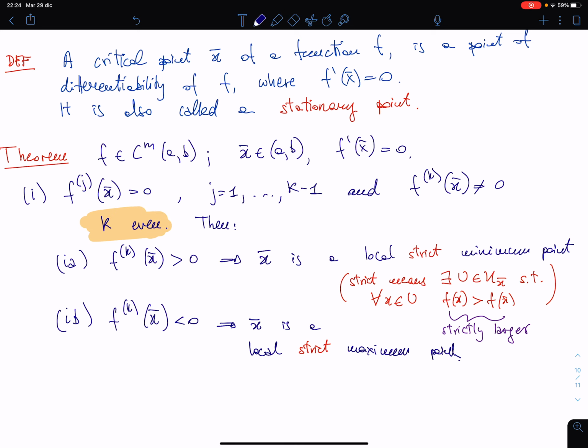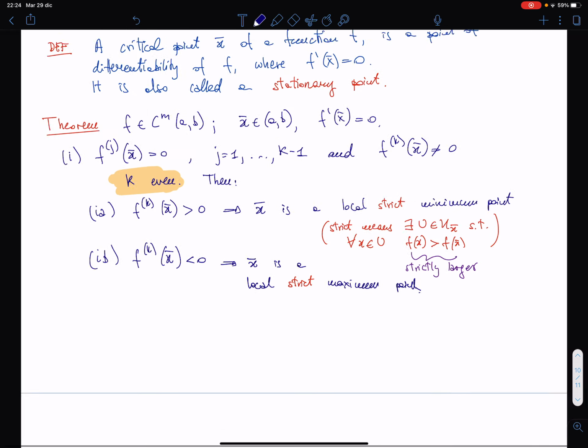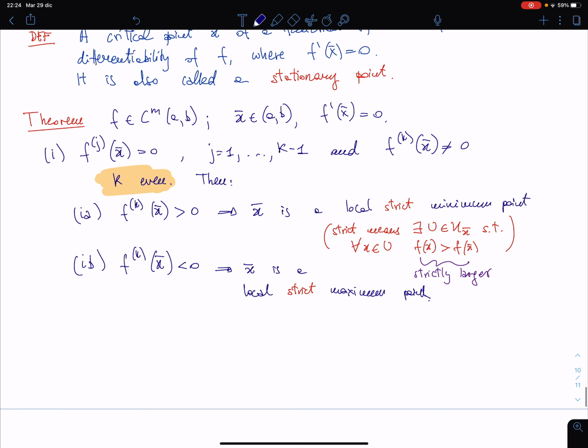In the second case, we have almost the same hypothesis. Where we have f^(j) of x bar equal to 0 for j equal to 1 up to k minus 1, and f^(k) of x bar different from 0, but this time k is odd.